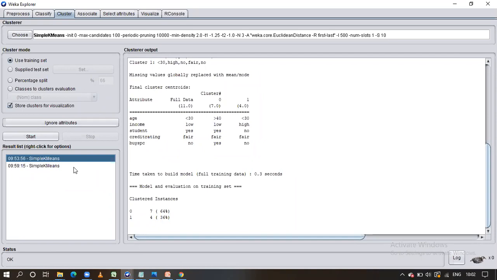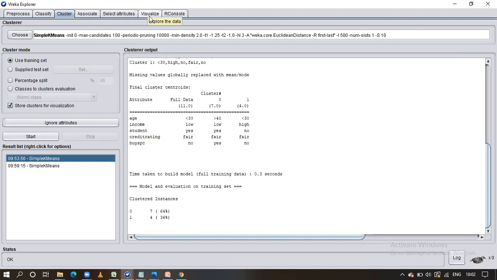All these experiments are very simple if you know the overall Weka experiment structure. In the Explorer, we have pre-processing, classification, cluster, and association. In these four tabs only, I'm going to get all the ten experiments.